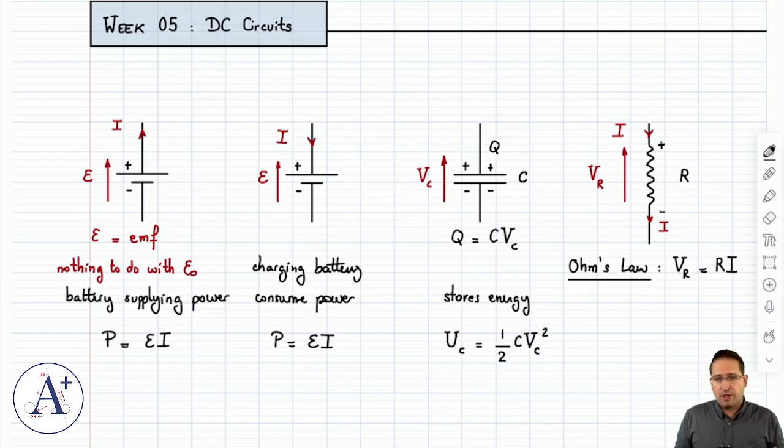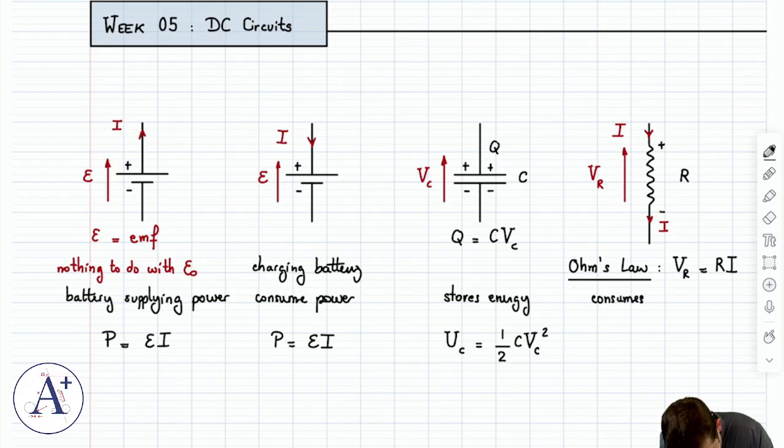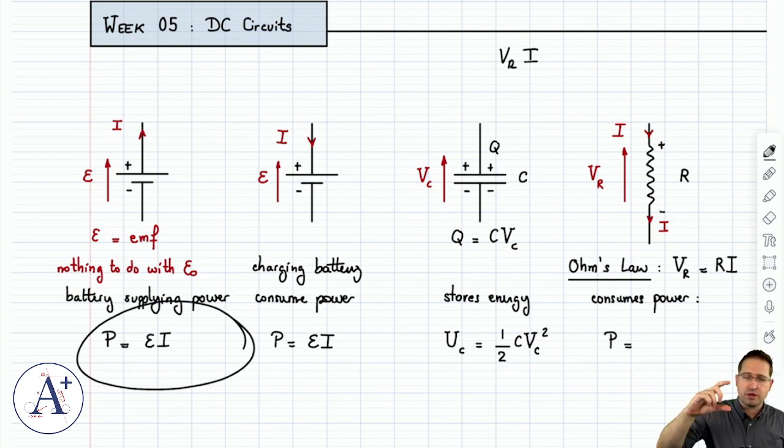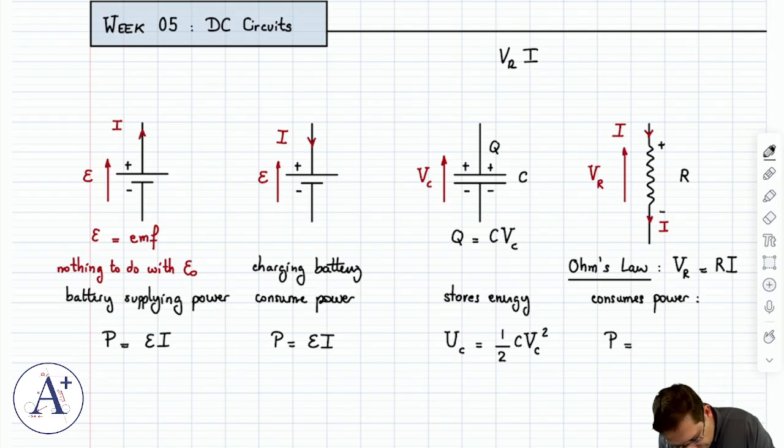And so it can't supply power, it can only consume power, and it will consume the power P equal to, of course, VR times I, because in all cases power is voltage across the component times the current through it. But because VR is also Ri, then it becomes Ri squared.